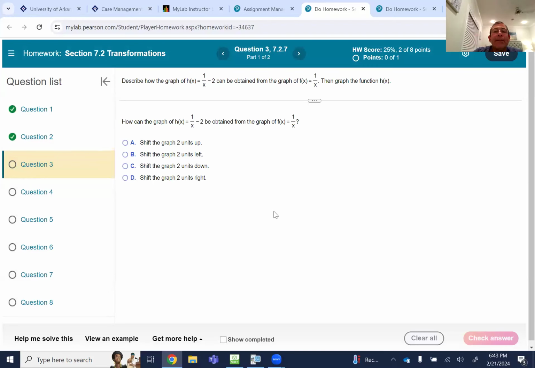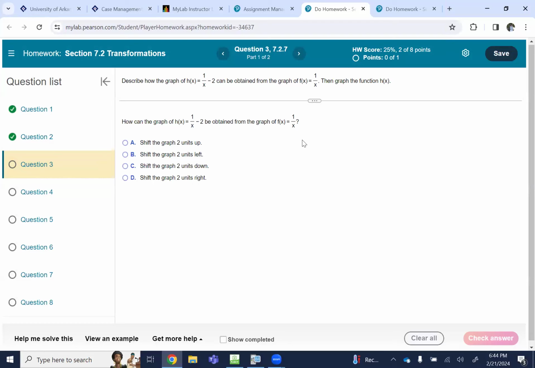All righty. So this is the 1 over x graph. So what is that minus 2 doing to this graph when it's at the end like that? Is it a horizontal shift? Oh, I couldn't hear you. Is it a horizontal shift? I don't know. Well, I'm taking a guess on this one.